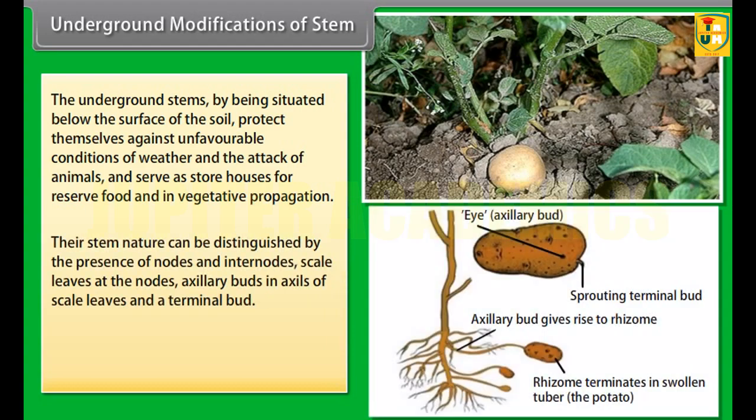Their stem nature can be distinguished by the presence of nodes and internodes, scale leaves at the nodes, axillary buds in the axils of scale leaves, and a terminal bud.